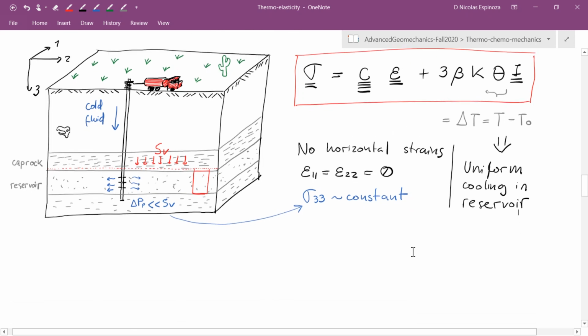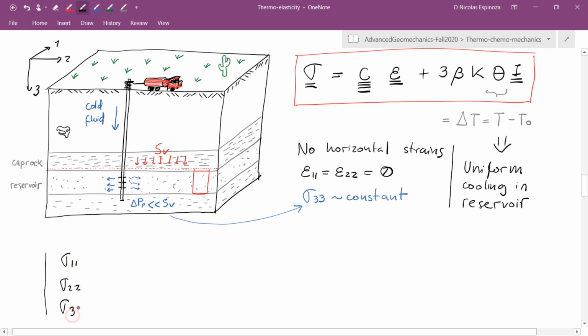The first thing that we're going to do is to write the stresses as a function of strains plus the thermal component. And for that, I'm going to write the components of the stress tensor starting by the normal components.